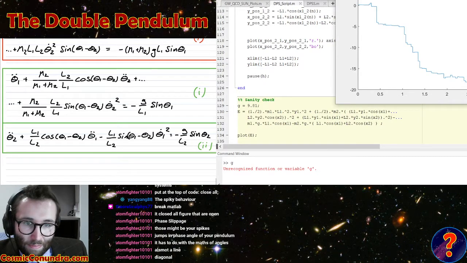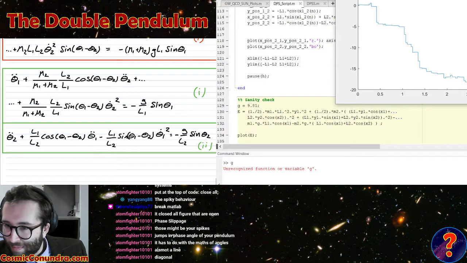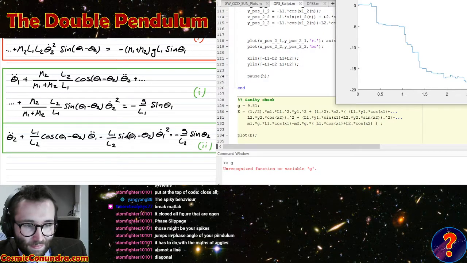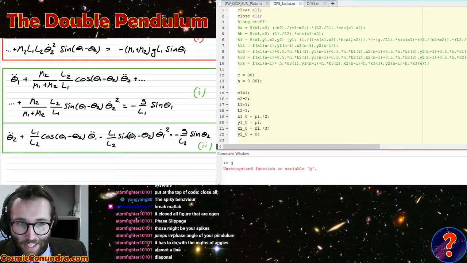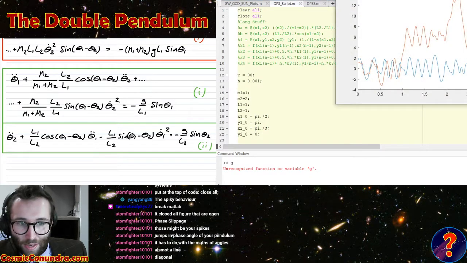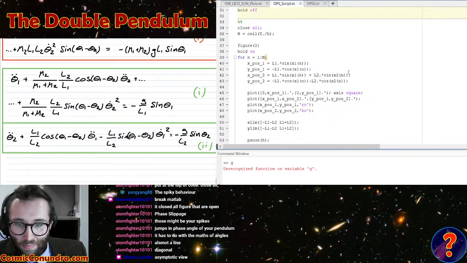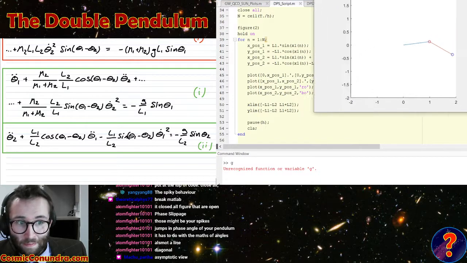Almost a diagonal. Yeah, so it doesn't like that for some reason. It seems to do okay when you've got relatively similar small masses. Then it looks all right.